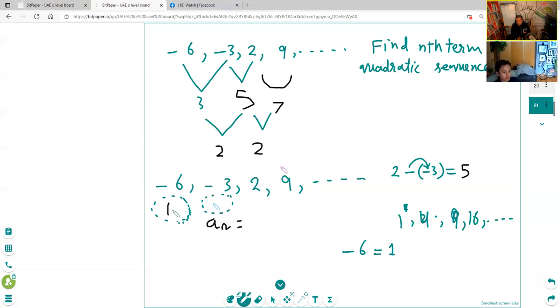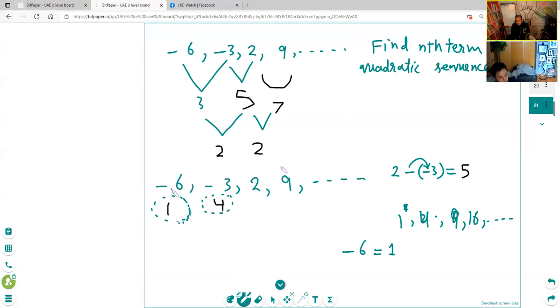You should add or subtract a number here with 1. So any number, then the answer should be minus 6. This is minus 6.